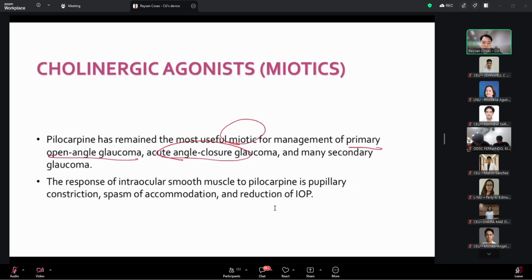So, the disadvantage of pilocarpine is that it could have systemic side effects. That's the bad part of it. It has peripheral side effects because of systemic absorption following topical administration.